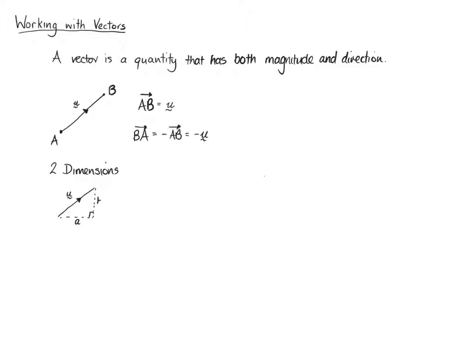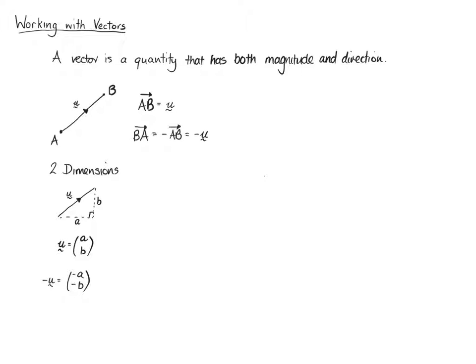And we've got that length there, that's a, and that one that's b. So far, the way we would write this is that u is equal to (a, b), and that's component form of a vector. But if we wanted to find the negative vector of that, it's just (negative a, negative b).